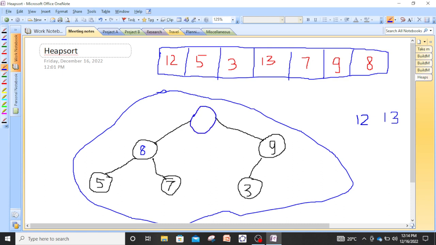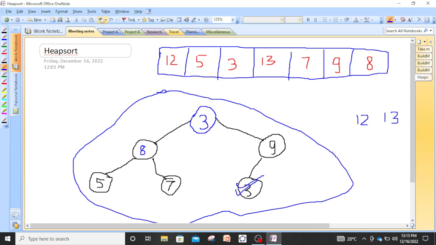What did we do in the past? We kept the last element at the root node. This time the last element is 3. So this 3 will come here. This 3 will take the place of the root node.